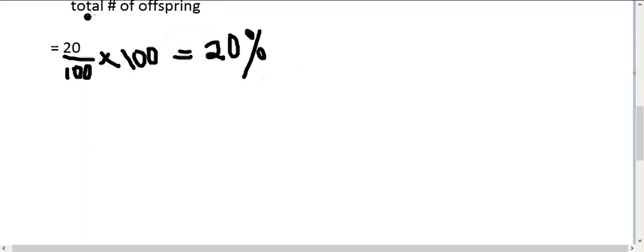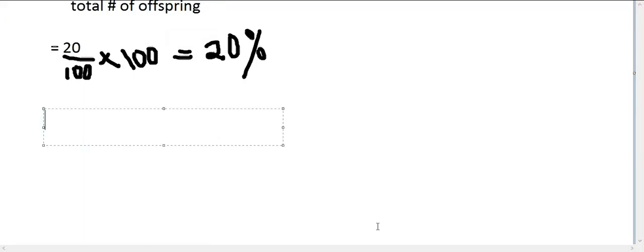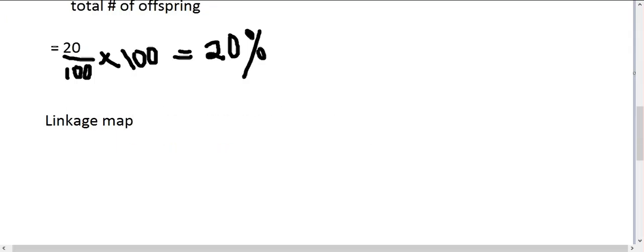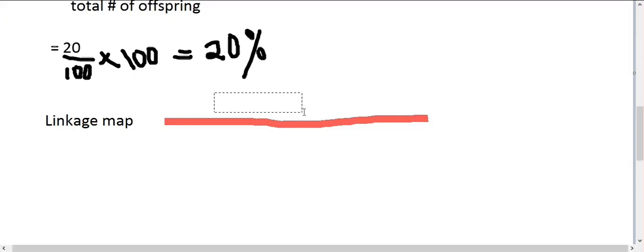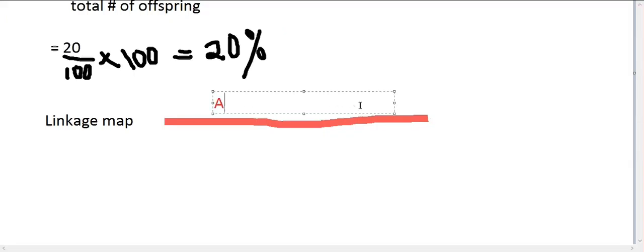So basically, we're going to call this a linkage map. This is the linkage map of the cross that we did up here, and we're going to have one chromosome. So here's just a chromosome, and that's A, and somewhere here that's B, and we'll also give it some black marks.